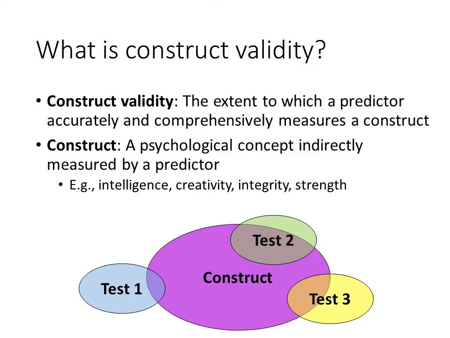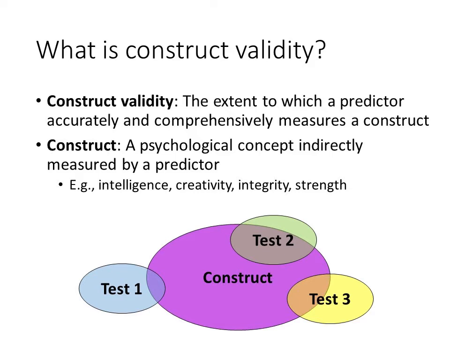In the example at the bottom of this slide, test 1 has the weakest construct validity. There is very little overlap between the test and the construct. Test 2 has the highest construct validity.